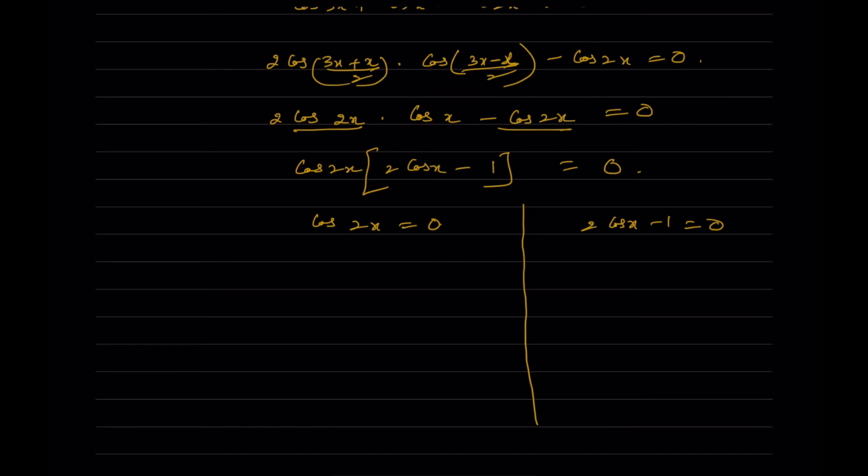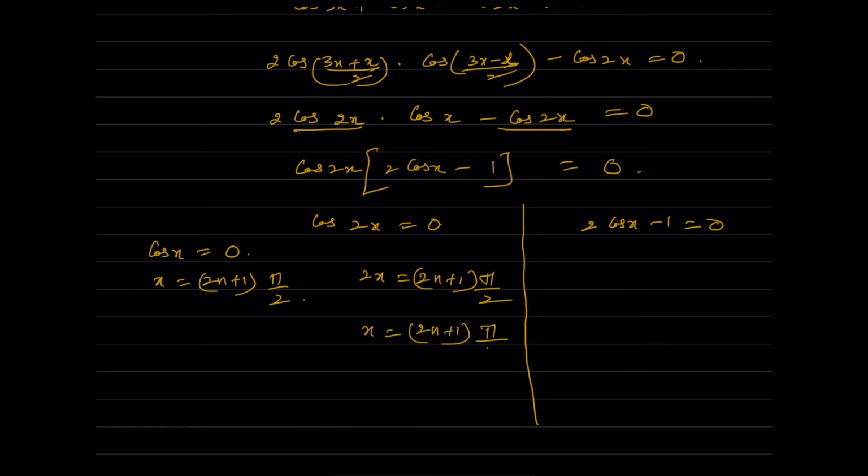When cos x is equal to 0, the general solution is x is equal to (2n plus 1) into pi by 2. So you have a general solution separately whenever cos is equal to 0. So here you have 2x is equal to (2n plus 1) into pi by 2, or x is equal to (2n plus 1) into pi by 4.